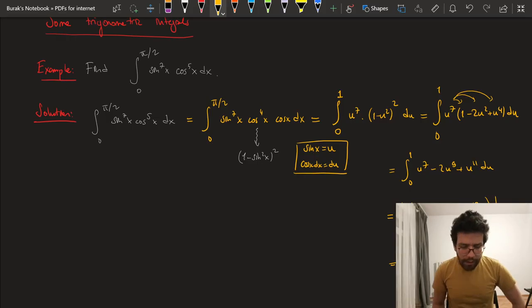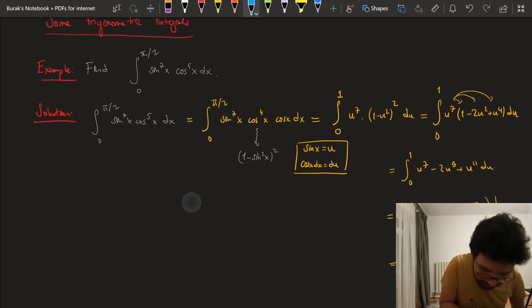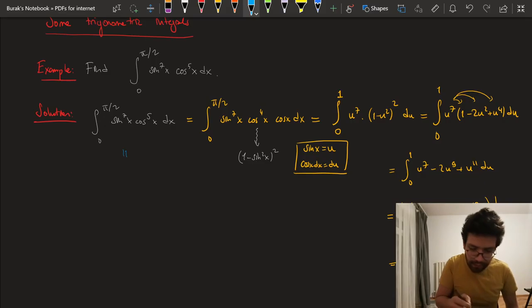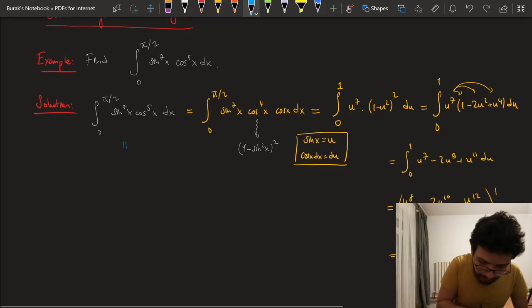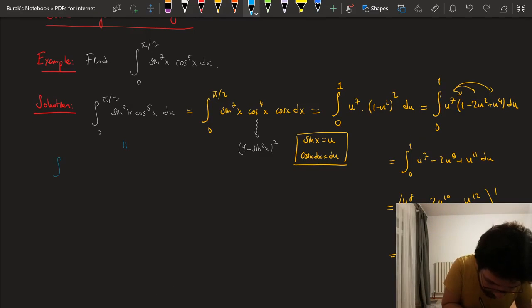Okay. But then you can object to this and say that, well, the power of sine is also odd, so why don't I use that? You can. Indeed, let me do another solution written here.